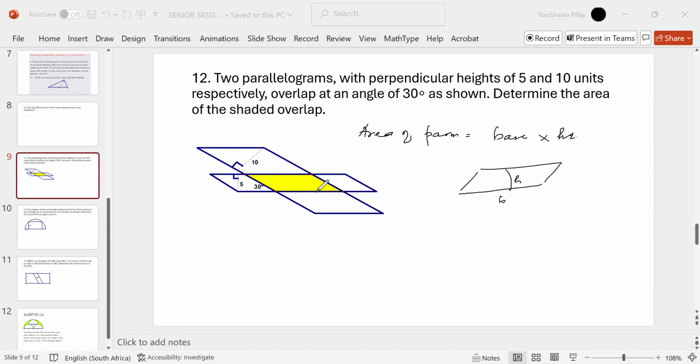So let's have a look at this. Suppose I take this as the base.